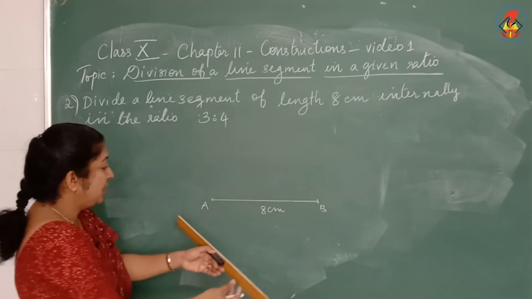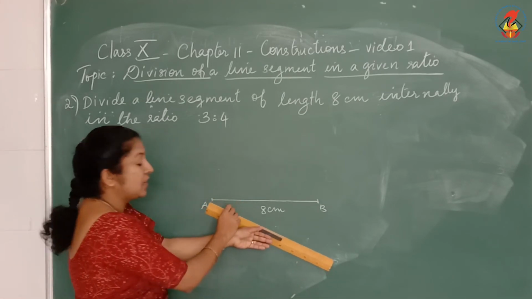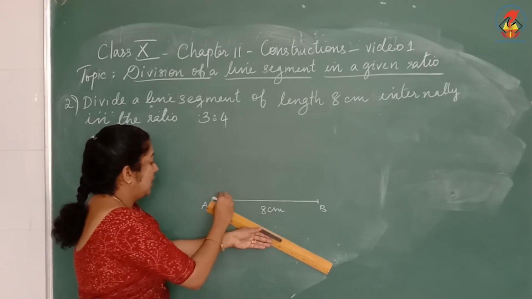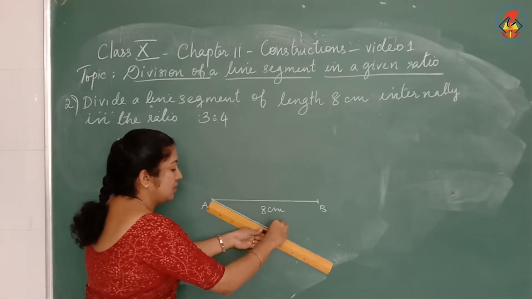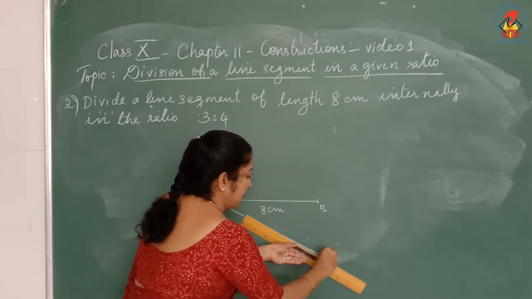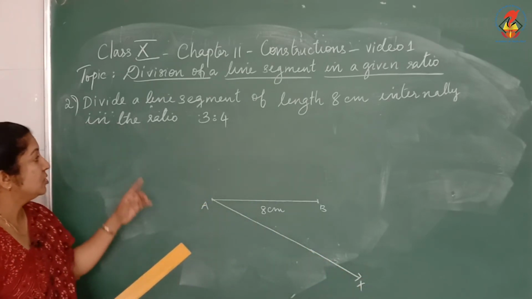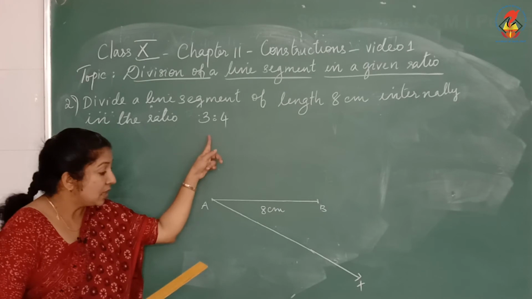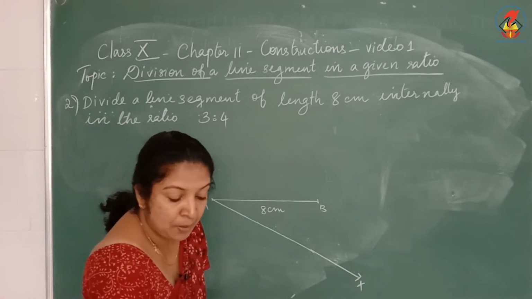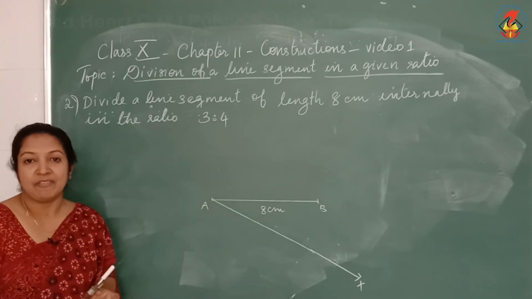Then we need to draw a ray AX which makes an acute angle with the given line. So we have to divide this in the ratio 3:4. How many parts do we need? We need 3 plus 4, 7 parts.